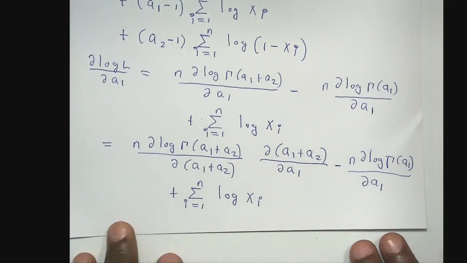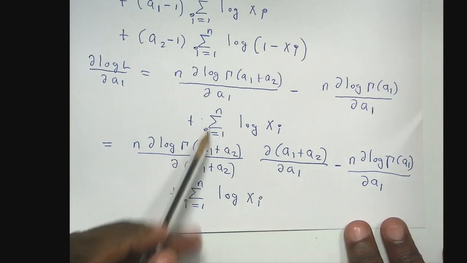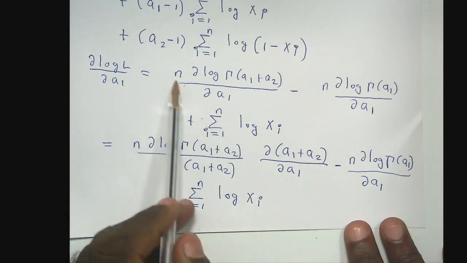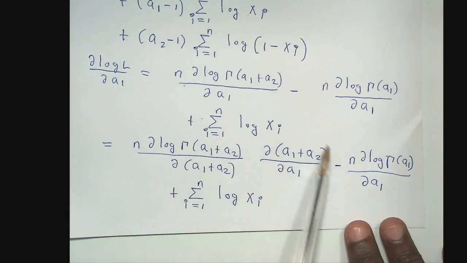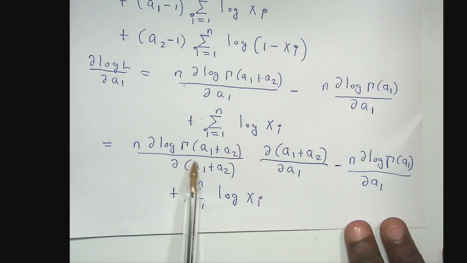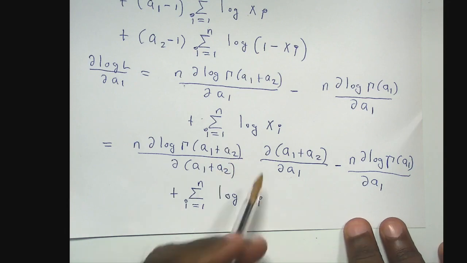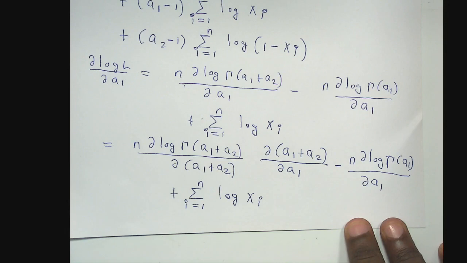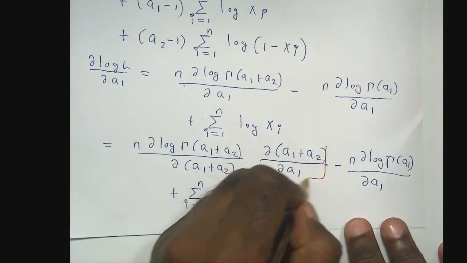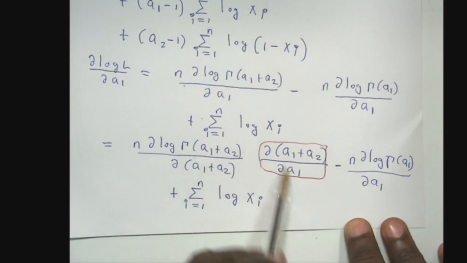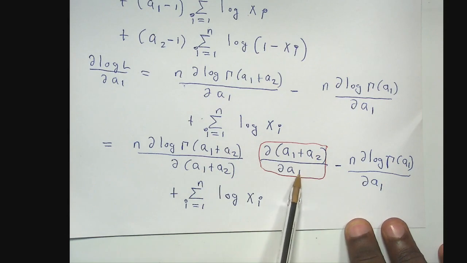You see what I've done here. I have written this in this form. What I have done is known as the chain rule, which I'm sure you know. Now let me ask you, what is the partial derivative of a1 plus a2 with respect to a1?